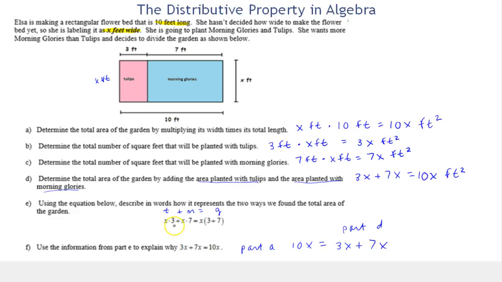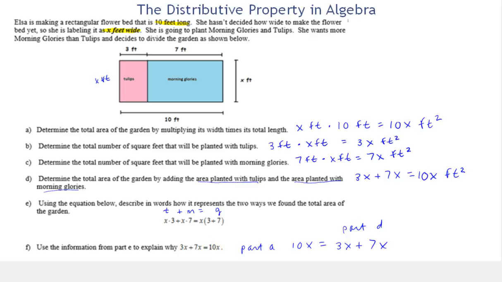All we need to do to get from here to here is juxtaposition, move the 3 and the x by the commutative property, and then remove the multiplication sign. So x times 3 is 3x, x times 7 is 7x, and now we know that the result is 10x.